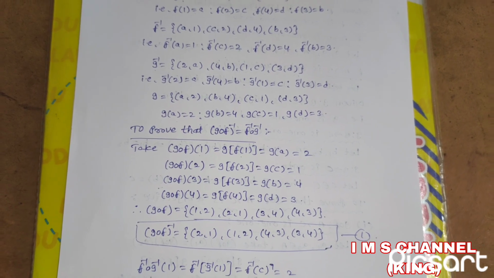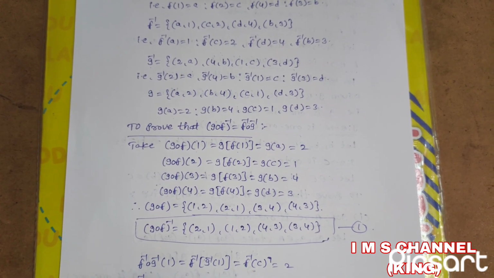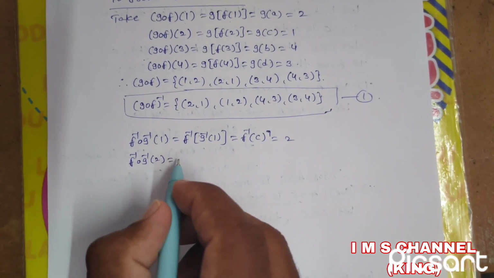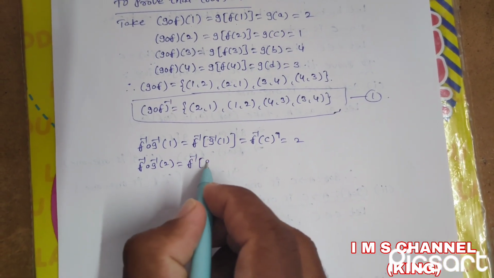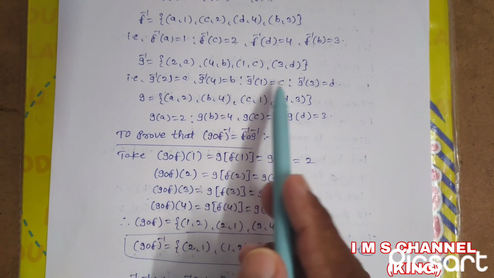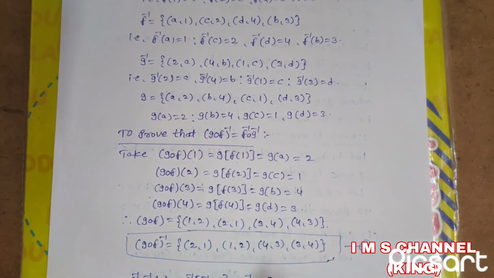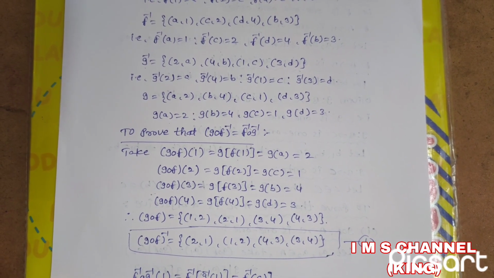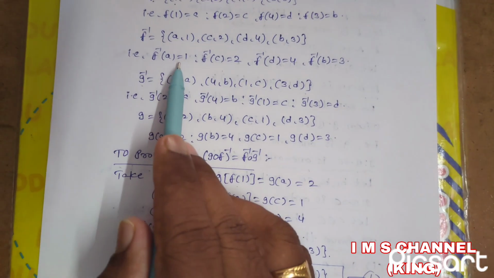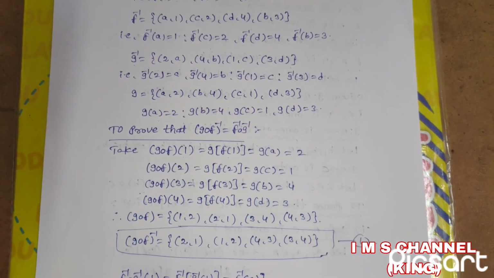This value is 2. Next calculate the value F inverse circle G inverse of 2. This is equal to F inverse of G inverse of 2. In this problem, G inverse of 2 value is A. So F inverse of A value is 1.